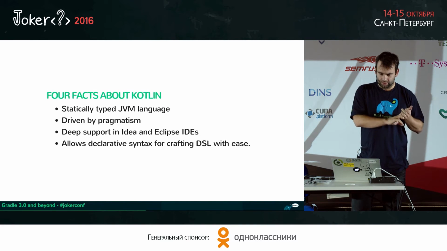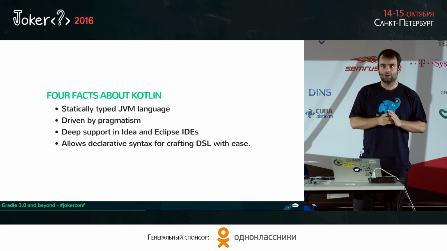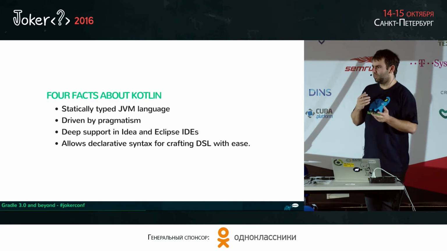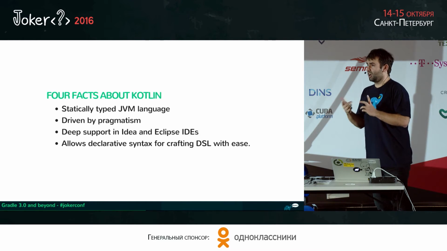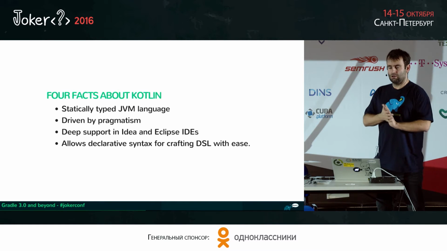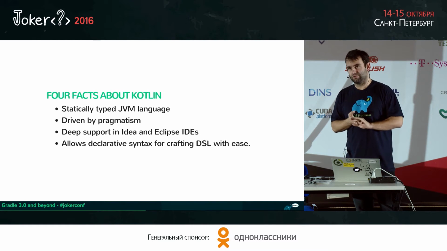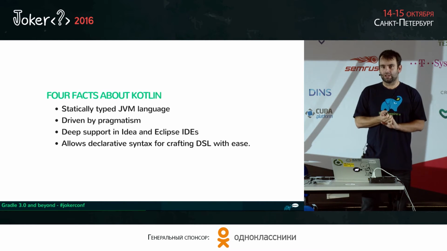one thing we noticed over the last couple of years, and I have to admit we also kind of underestimated, is the demand for not just good IDE support in terms of executing builds, but also in editing build scripts. And with Groovy, it's kind of tricky.